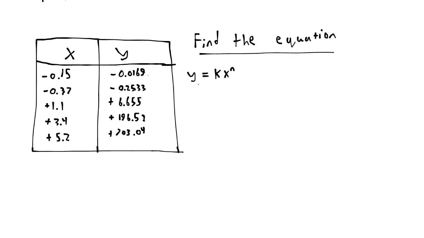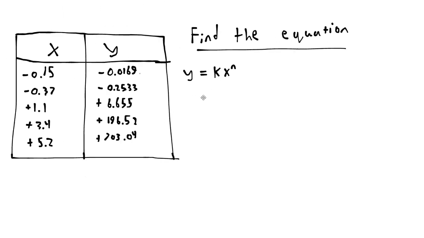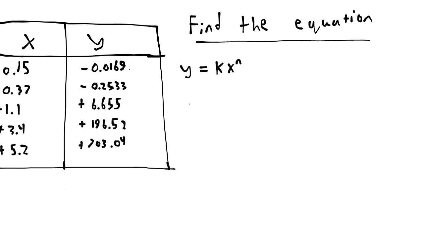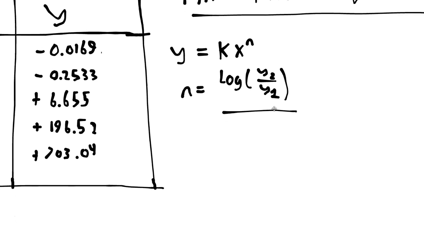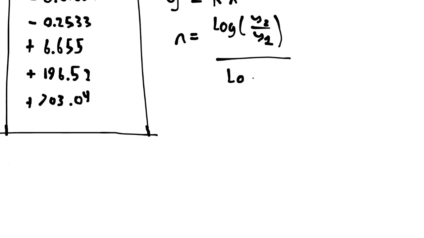So there's a particular formula you can use. I'm going to show how you get the formula later, but the formula, if you really want to see it, you don't have to know how to do it, but it's always nice to know things. So it's log y2 over y1, and this is all over the log of x2 over x1.